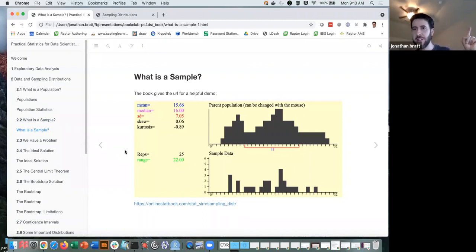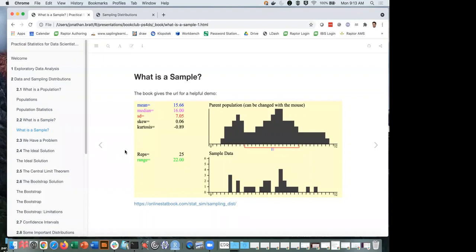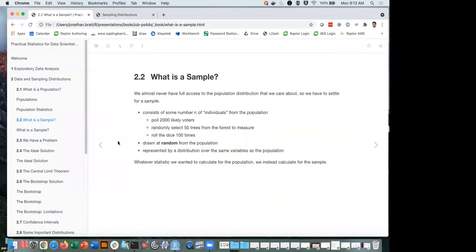Oh, I see a hand raised there. Yes. Hi. Can we see the previous slide, please? Okay. So this last statement: whatever statistics we wanted to calculate for the population, we instead calculate for the sample, right? Yep.